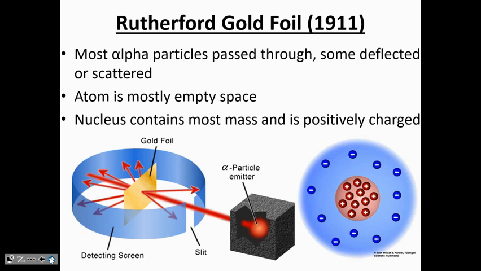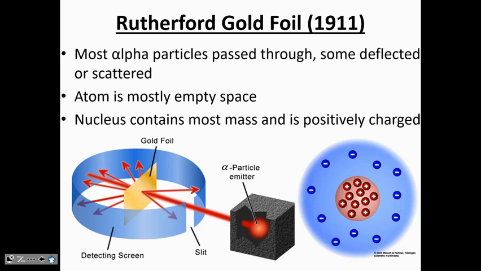What he concluded from this result is that since most of the alpha particles passed right through the gold foil, that must mean that the atom is comprised of mostly empty space. But if some of those positively charged alpha particles got deflected, they must have been deflected by a massive and positively charged nucleus.